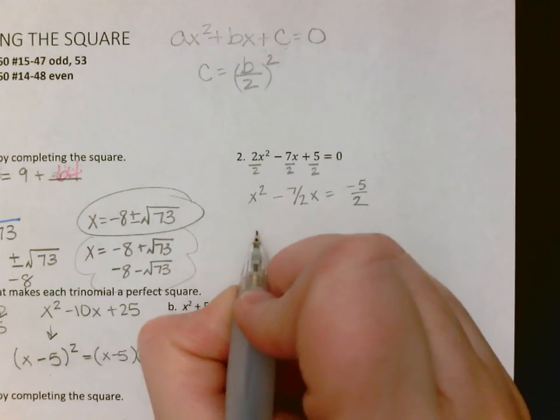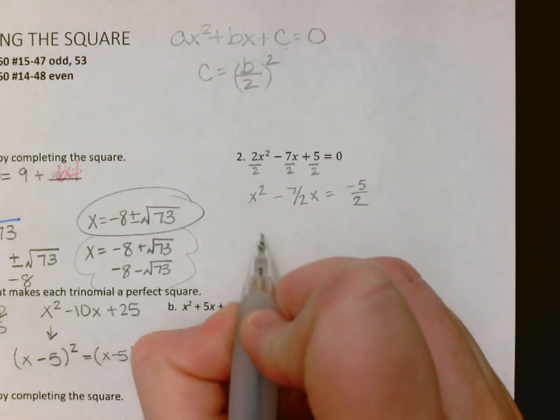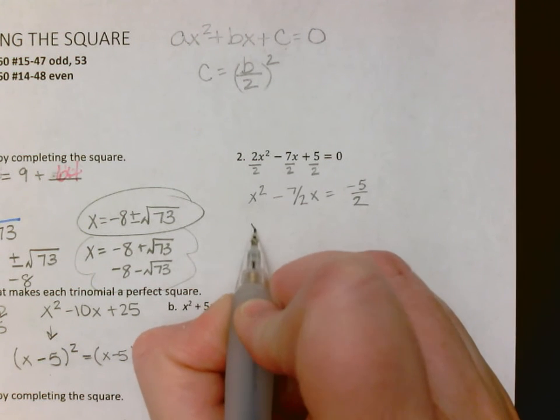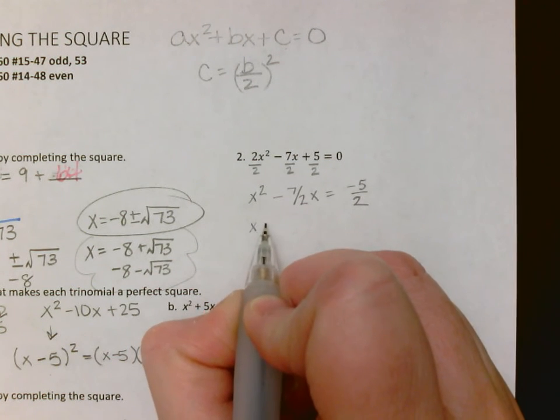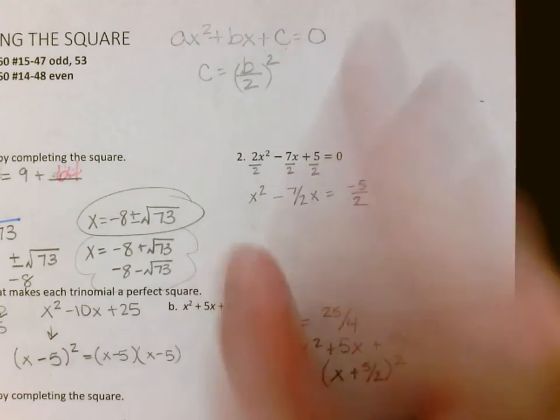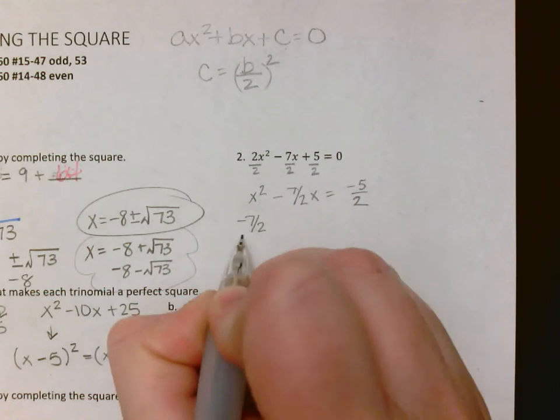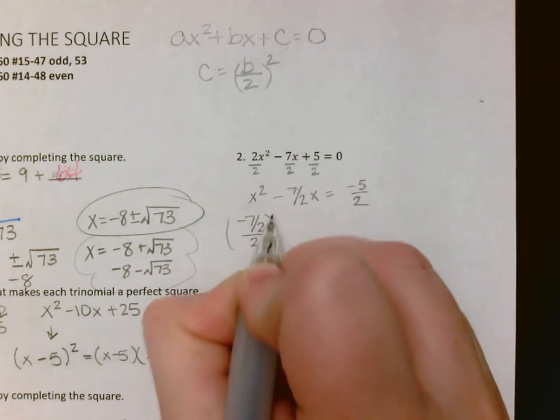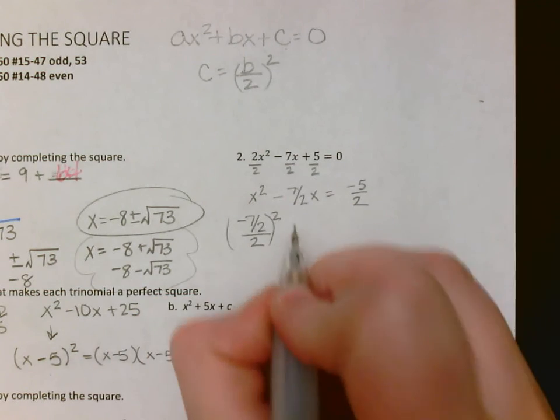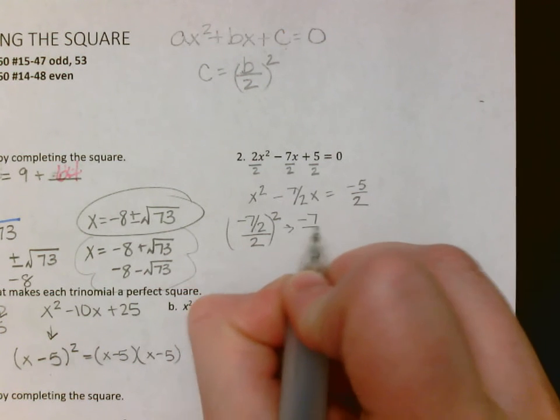So I'm going to take the negative 7 halves, divide that by 2, squared, and in my calculator that's going to get me negative 7/4.